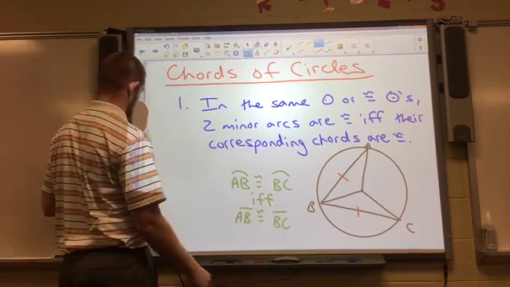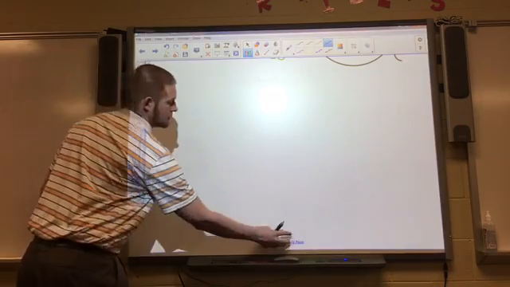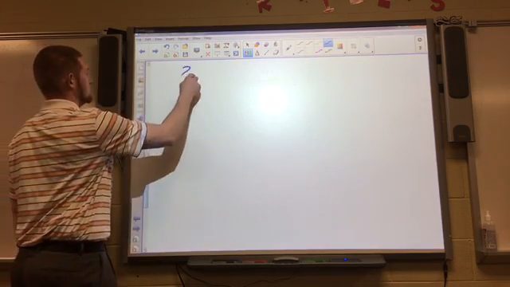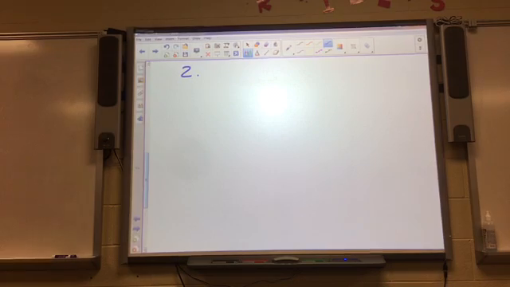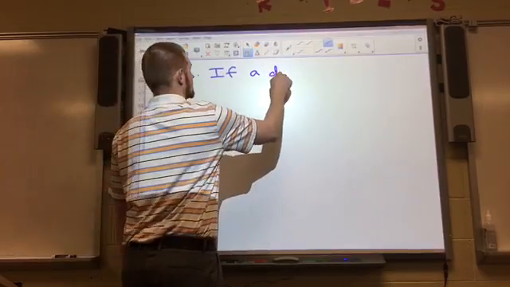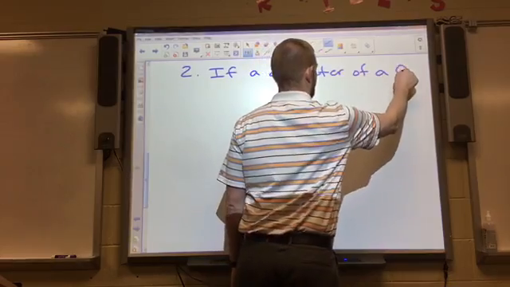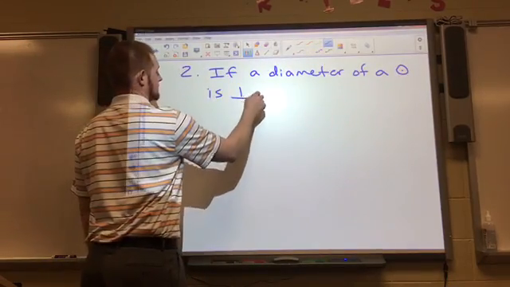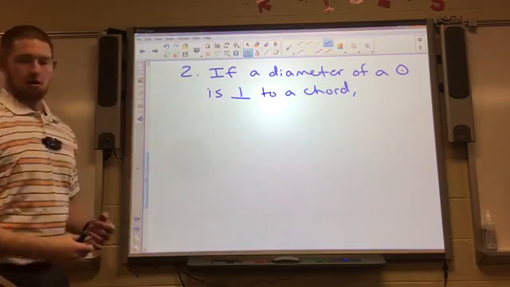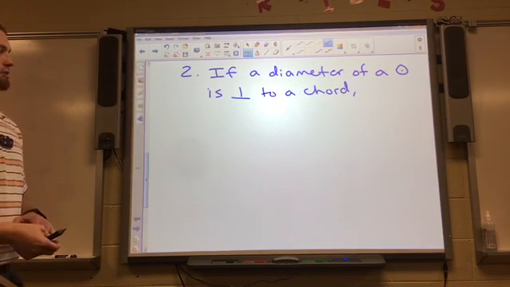Second one says that if a diameter of a circle is perpendicular to a chord, then the diameter bisects the chord and its arc.